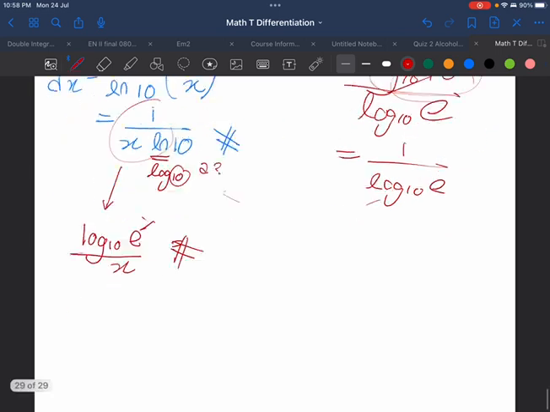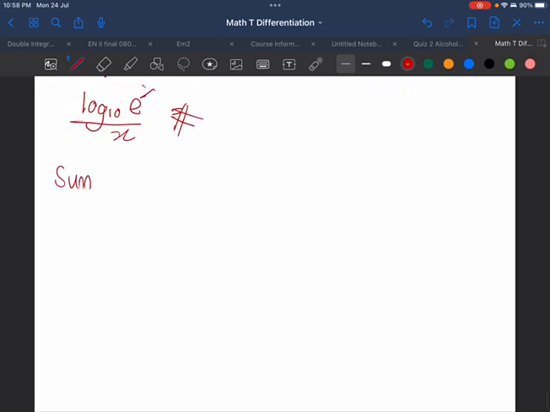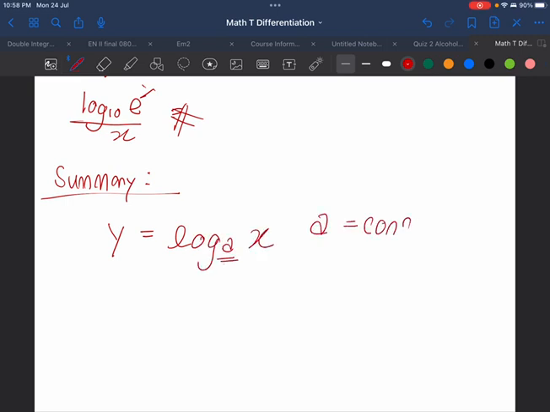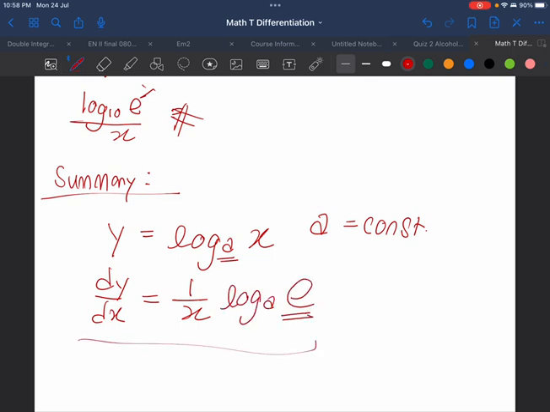So in summary, if we have y equals log base a of x, where a is a constant, then dy/dx is equivalent to 1 over x log base a of e. Here is the formula you can memorize.